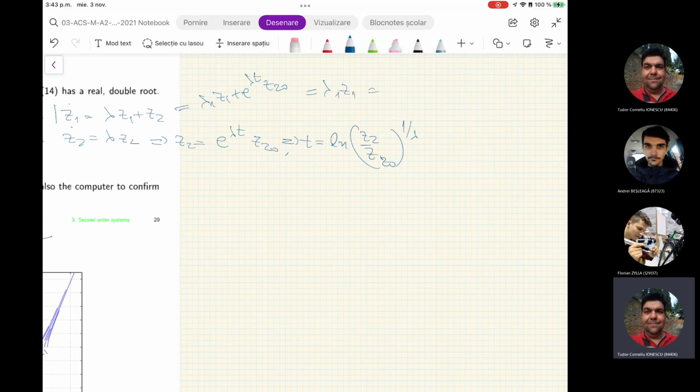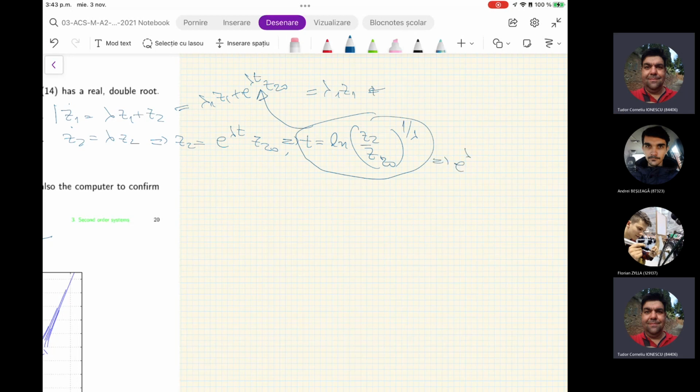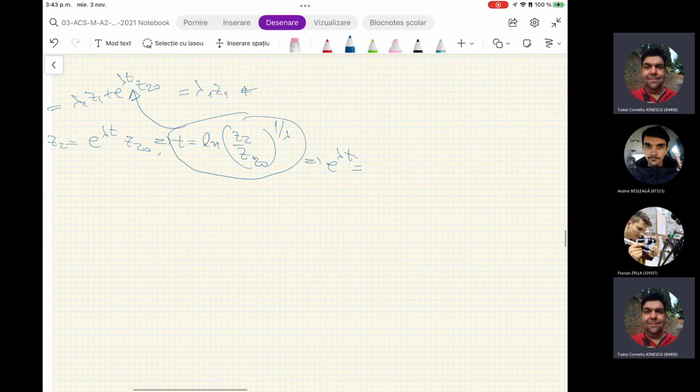You substitute this into this one, and then you get e to the power lambda t equal to z2 over z2(0), right? You agree? Yeah, that's good, because you just put lambda here.